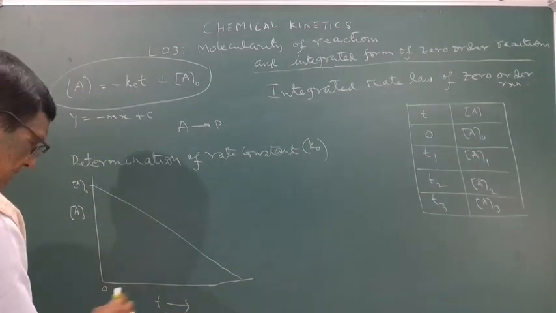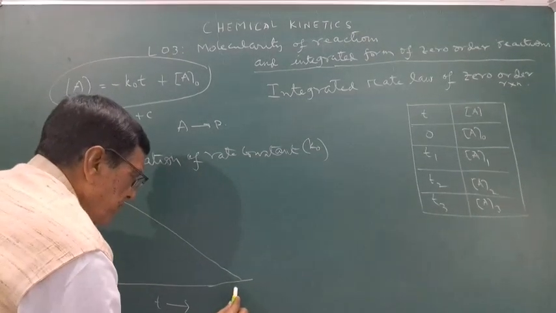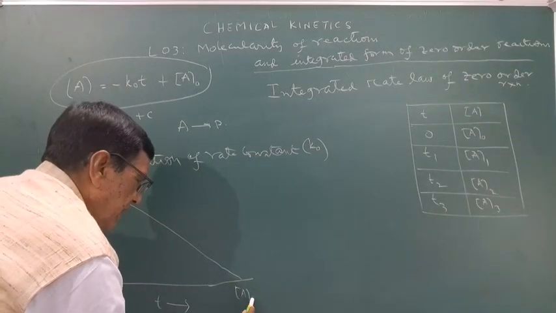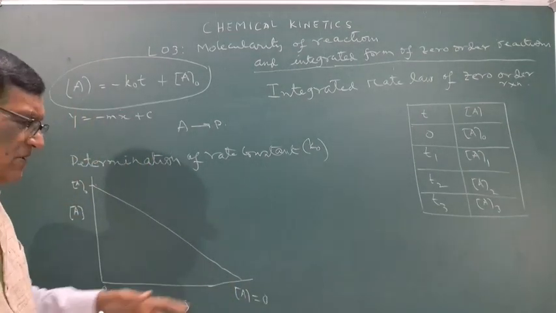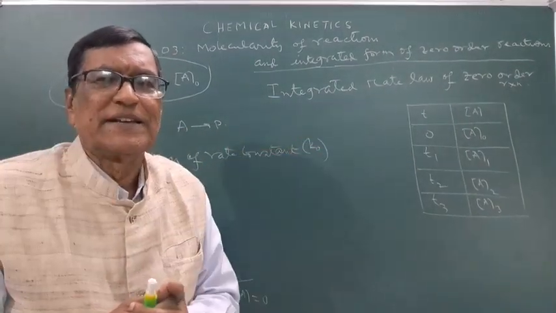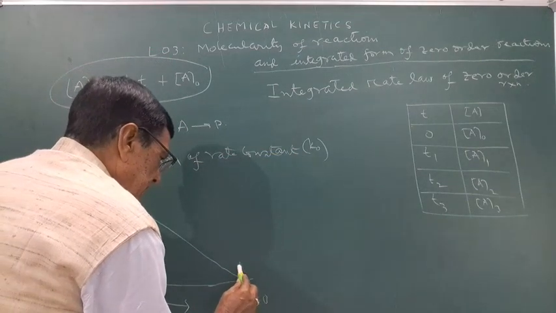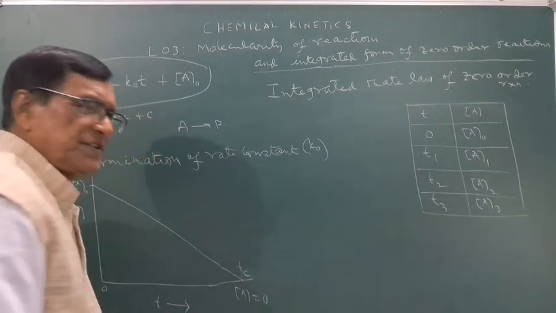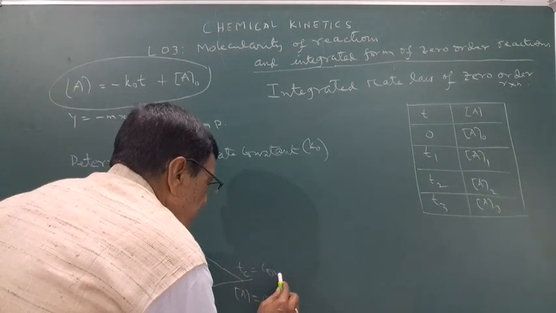Here, at this time, the concentration of A equals 0. So that means the reaction is over, a complete reaction. This time you can call tc. tc means completion time.